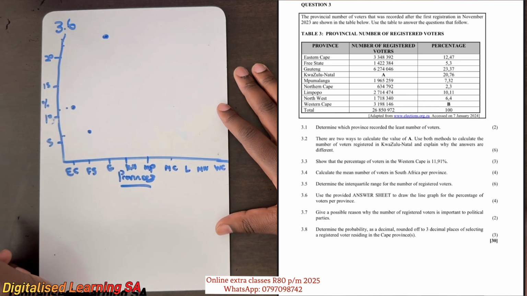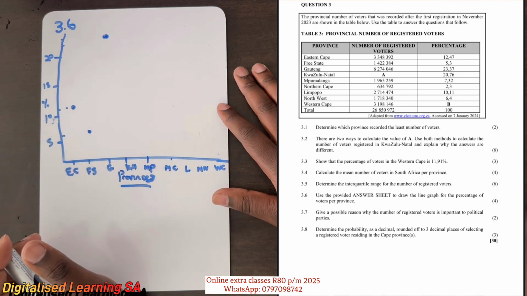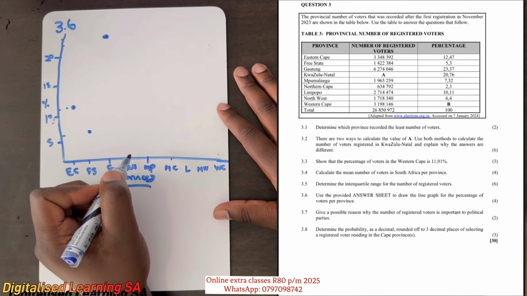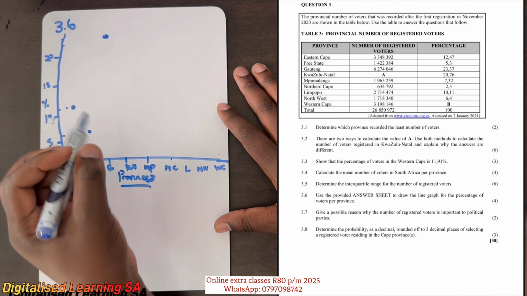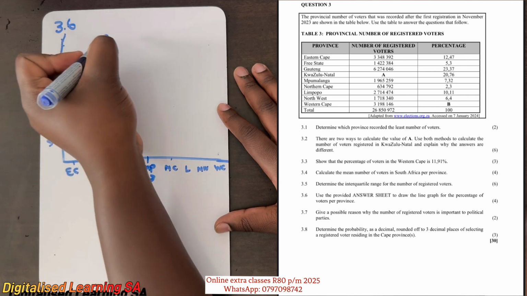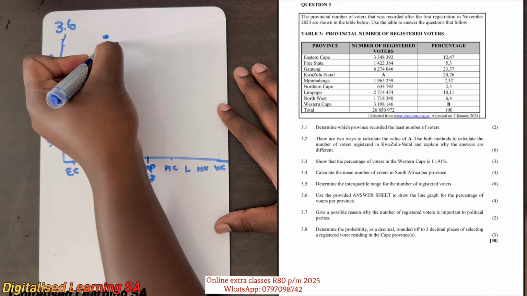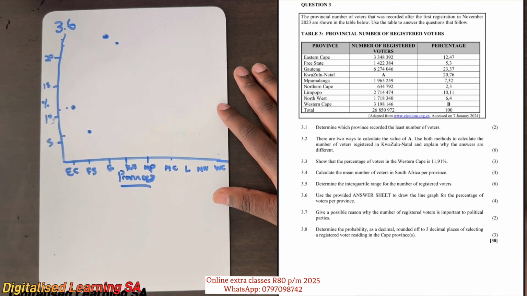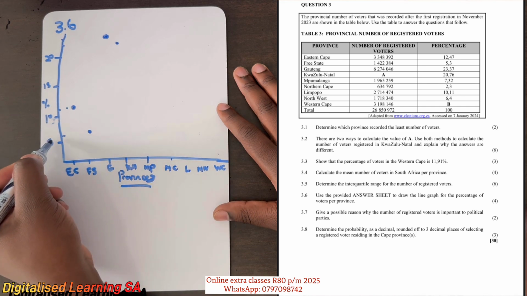After Gauteng, we will have KZN, which is 20.76, so KZN will be somewhere here. Then we will have Mpumalanga, which is 7.32, so it's just above 5.